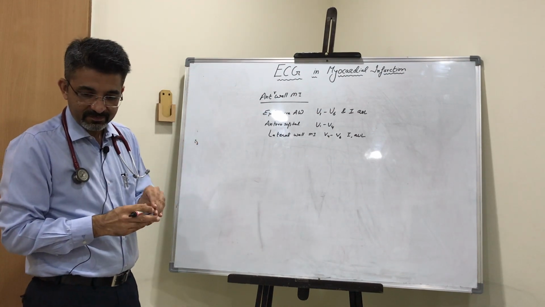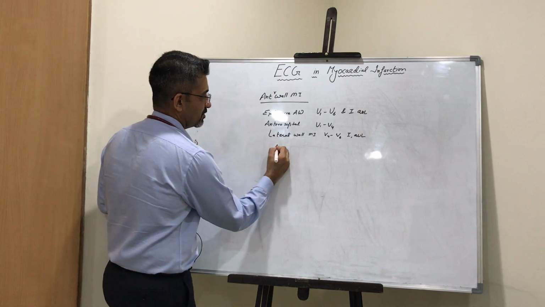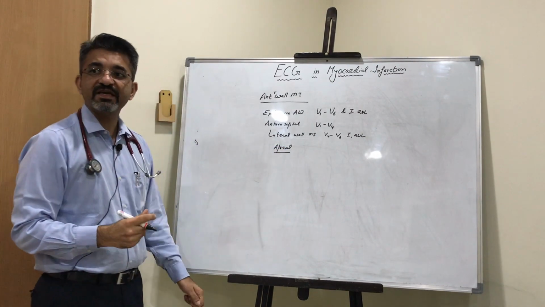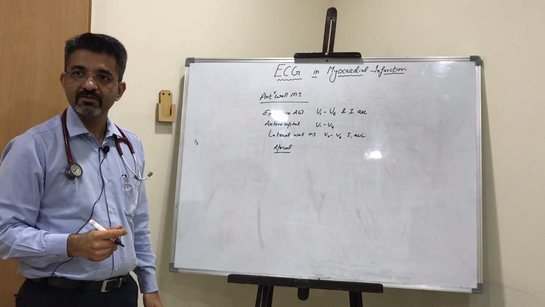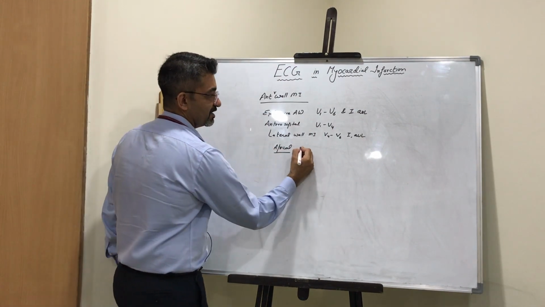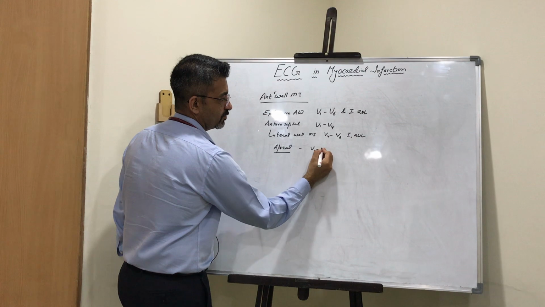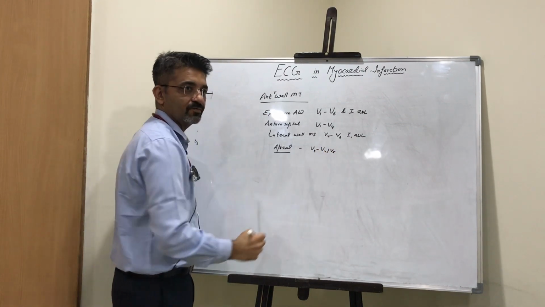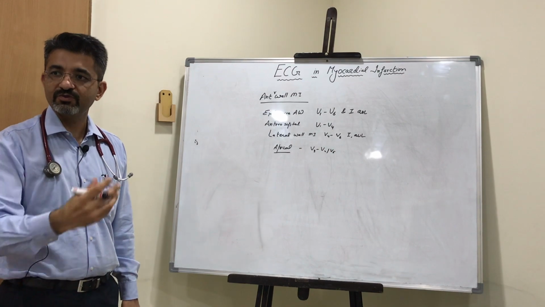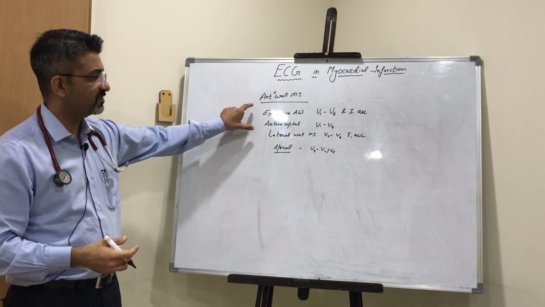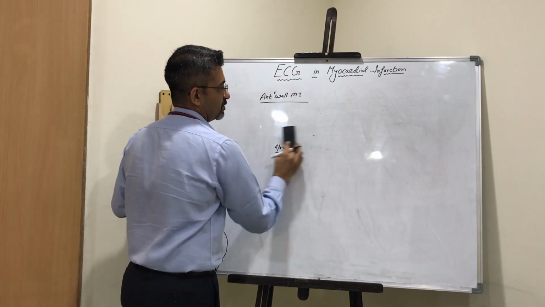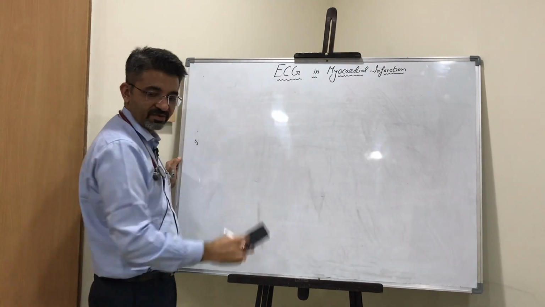Then you can have apical wall MI, right? In apical wall MI, you can have, say, V3 to V5 or V4, right? So depending upon the position of leads, you can identify which type of MI you are dealing with. Now we come to posterior wall MI.